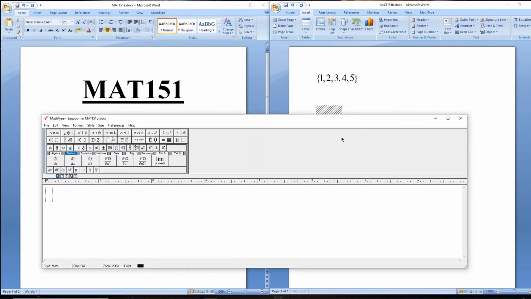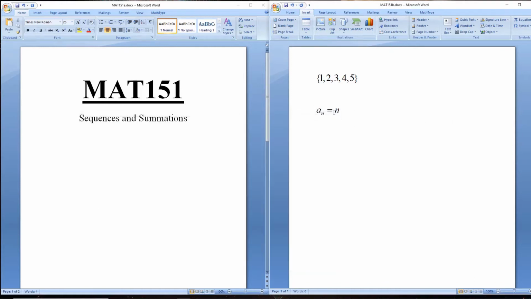A sequence is very much like a function, except it only accepts integers. I'll explain what this means. So here is a sequence, a sub n. Now, n is just like our function notation. That would be our input.